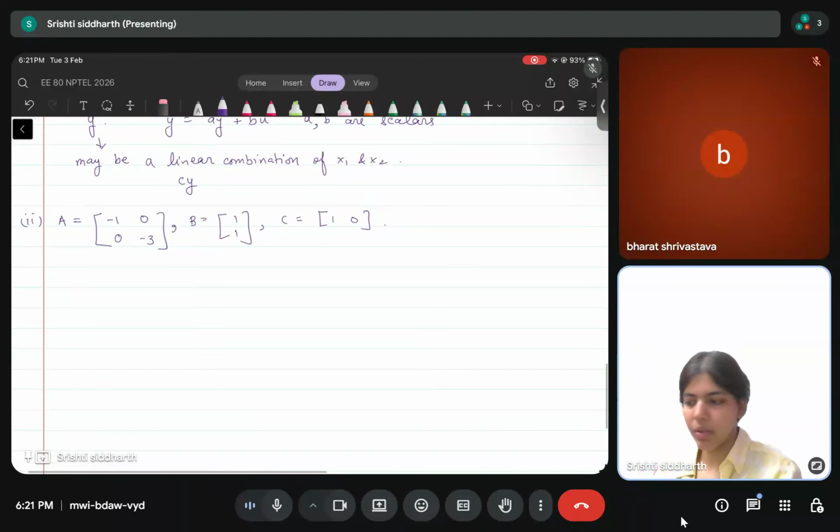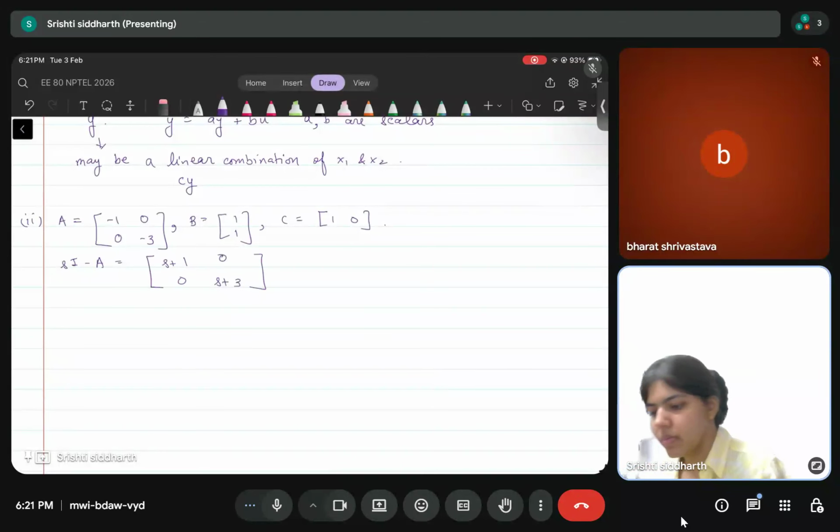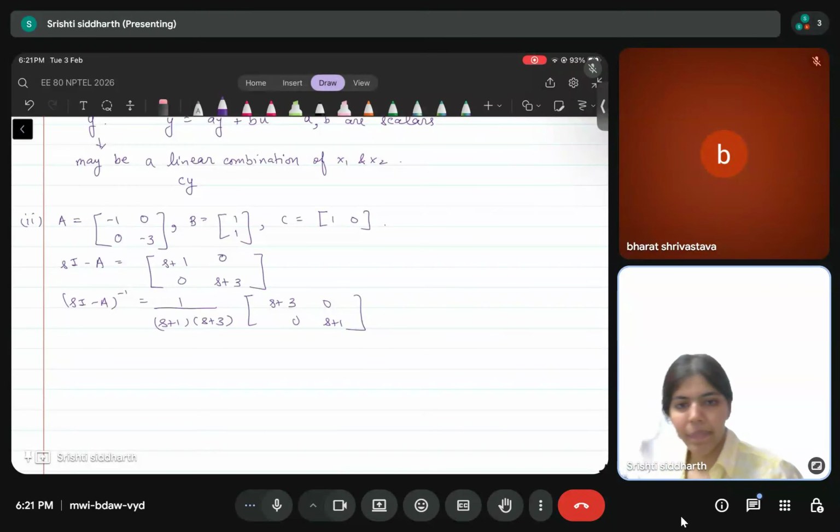Now let's compute the transfer function. So sI minus A is s plus 1, s plus 3, 0, 0. So in this case, sI minus A inverse is simple. So this will be 1 upon s plus 1, s plus 3. Right?